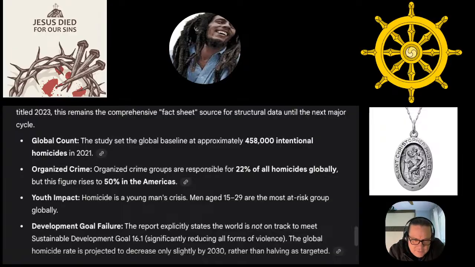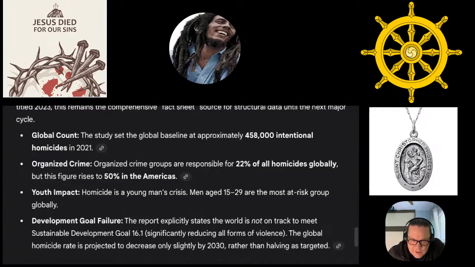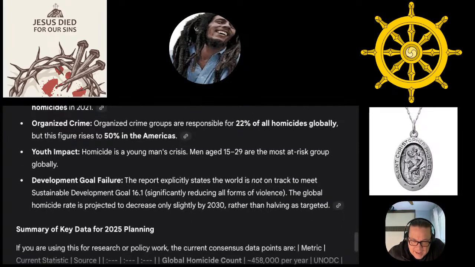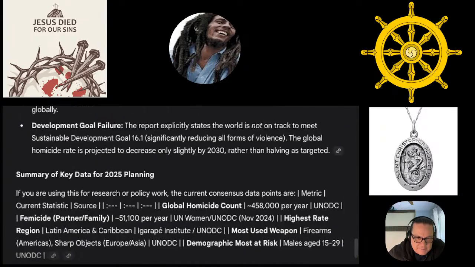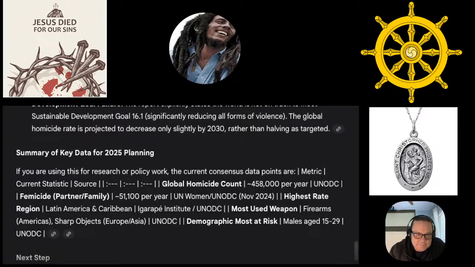The global homicide rate is projected to decrease only slightly by 2023, rather than cutting the number in half as targeted. That's an impossibility. I don't even know how they came up with the idea that they would be able to cut the homicide rate in half by the year 2030. It doesn't make sense to me. I don't believe it, and I don't know where they get those numbers from.